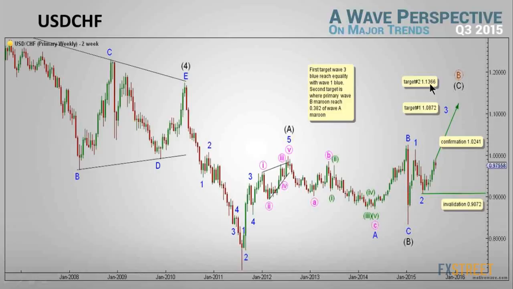That target at 1.1366 represents that at that level wave B maroon will reach 0.382 the length of wave A maroon.